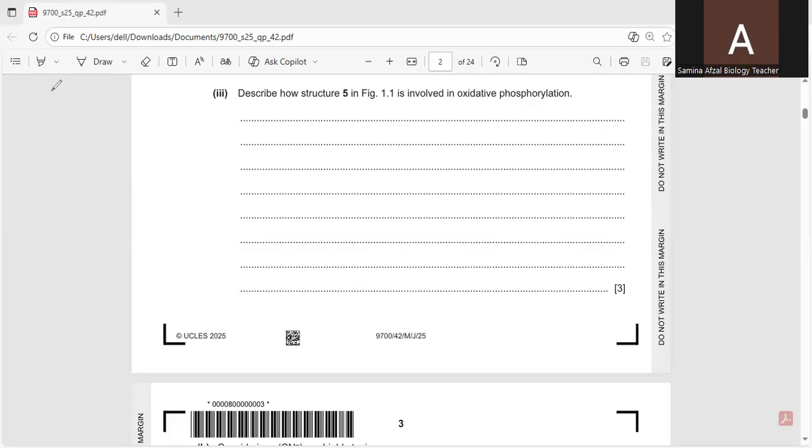So as a result of this, ATP synthase is a channel protein that spans the inner mitochondrial membrane. The accumulated protons cannot diffuse back across the membrane except through this channel.